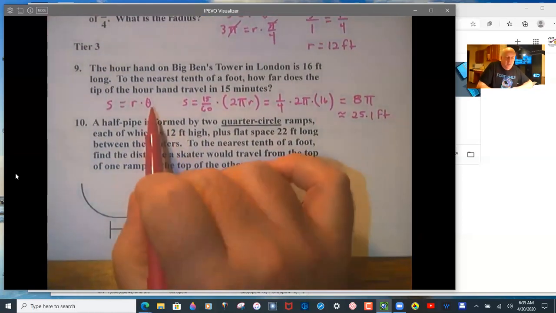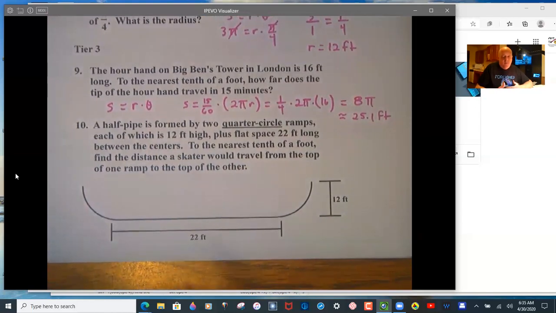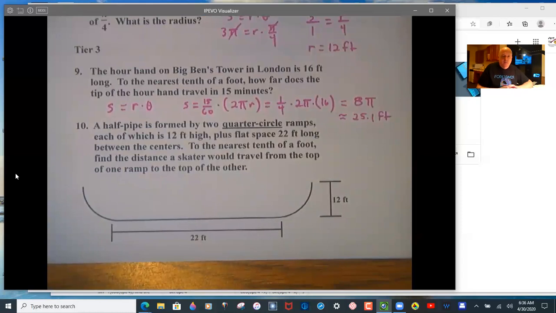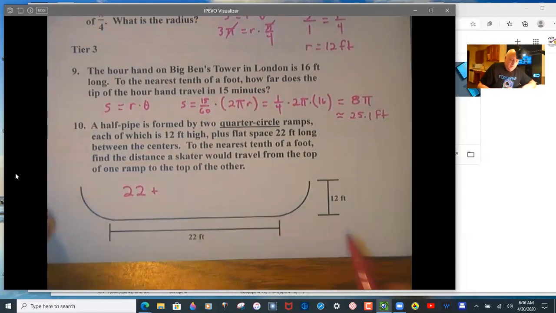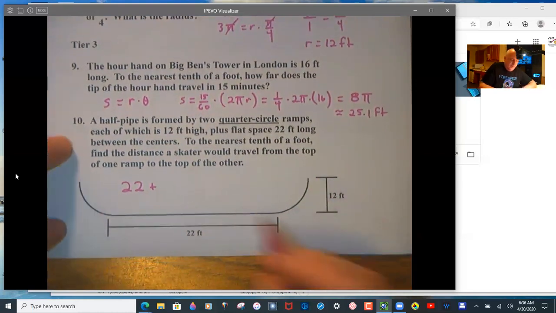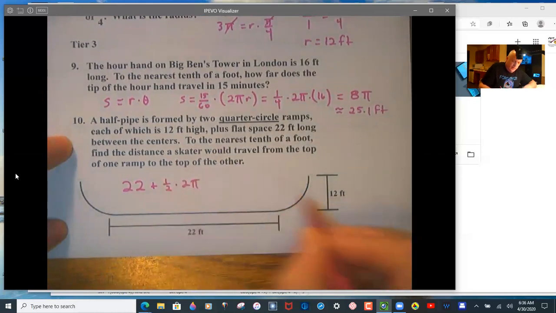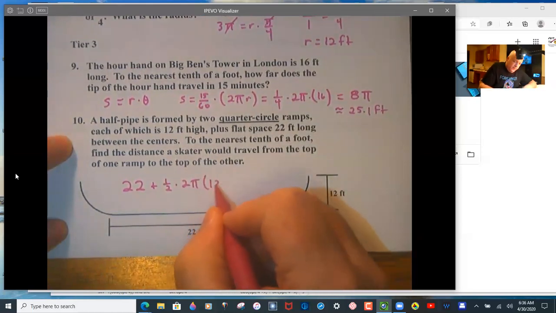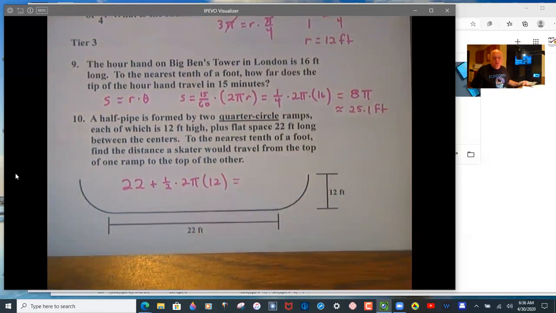So if you wanted to use this and just do 15 minutes out of 60 minutes, that is a pi over 2 angle, you could do it that way. So here we have 22 feet plus, this is a quarter circle. So 2 of them is a half a circle, times 2 pi times r, which is going to be 12. So that's literally what you do.